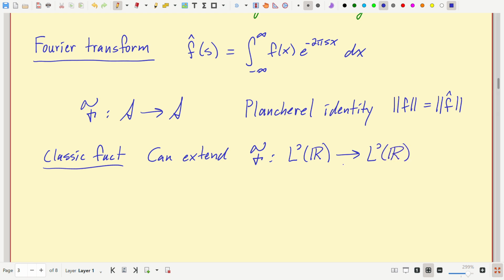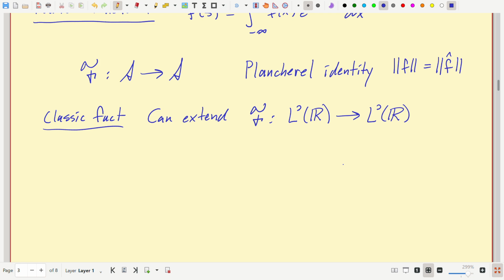And this is going to be an isometric isomorphism. Sometimes called an isometry. Fancy word for that is isometry.